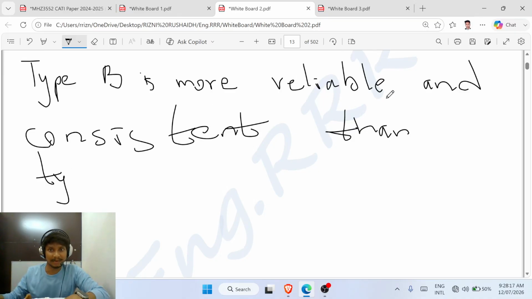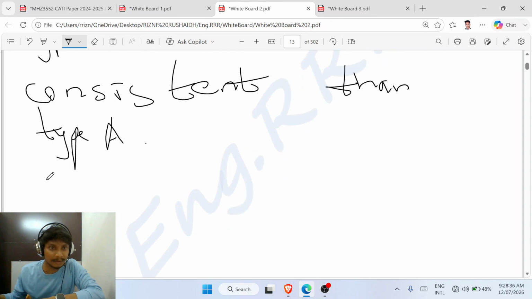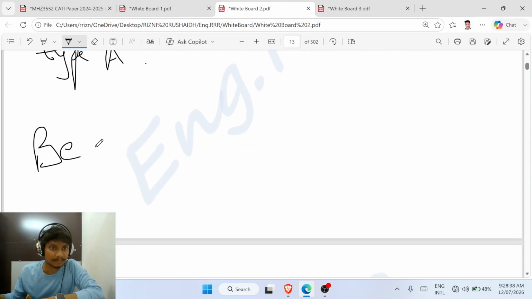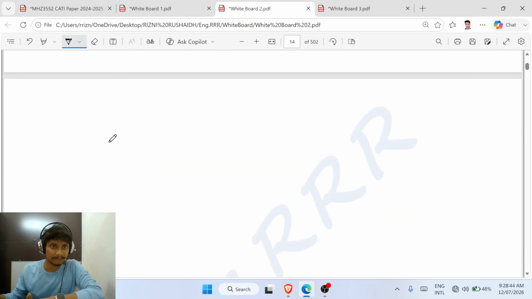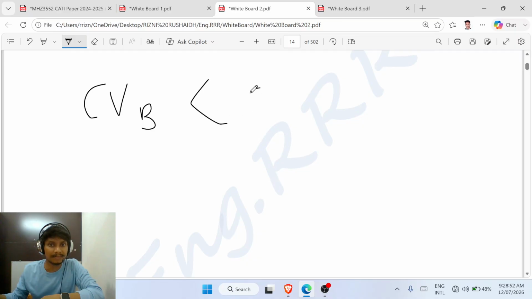Type B is more reliable and consistent than type A, because CVB is less than CVA.